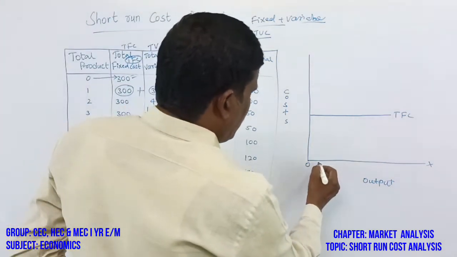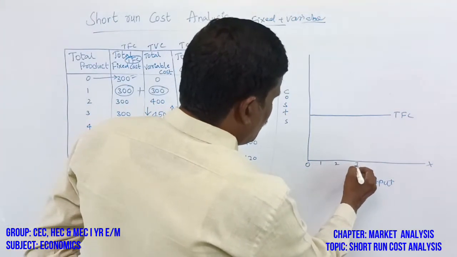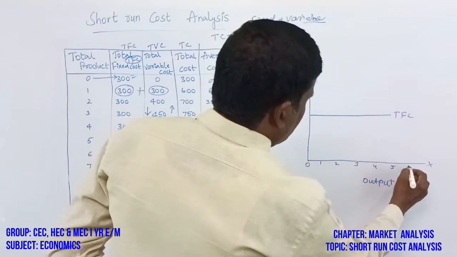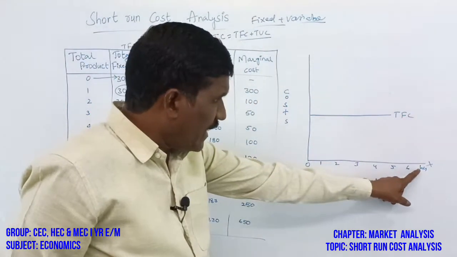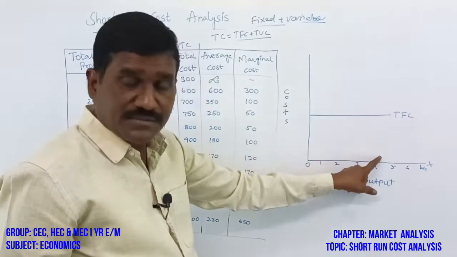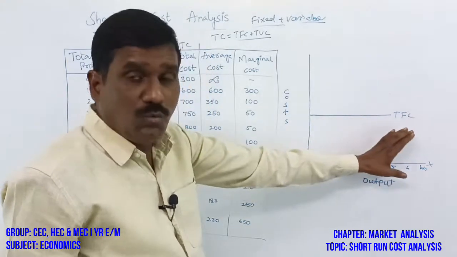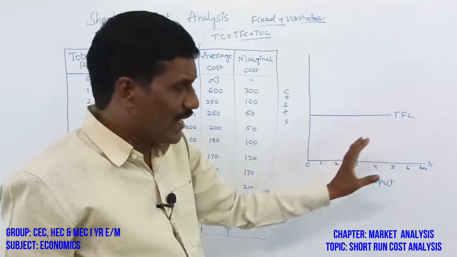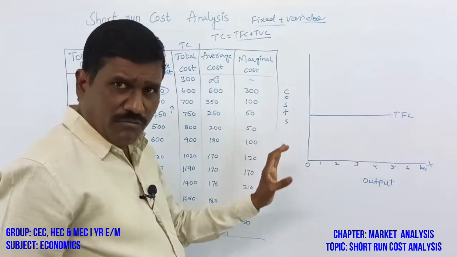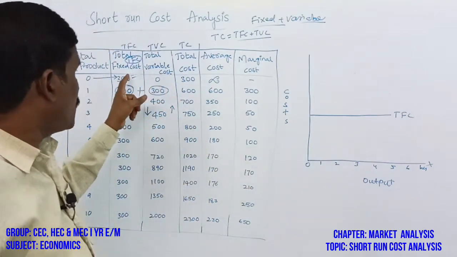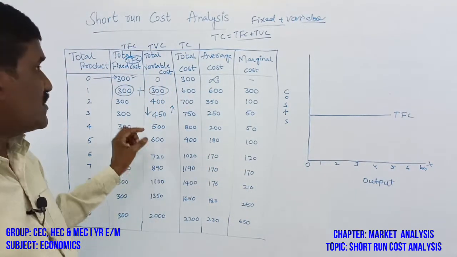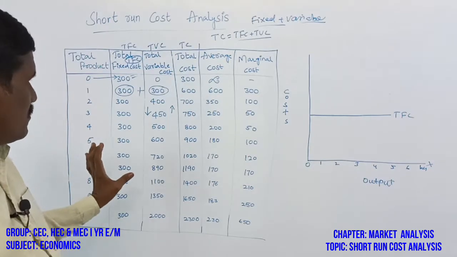Suppose here 1, 2, 3, 4, 5, 6 or 1 lakh. If you produce 1 lakh, the total fixed cost is still constant, which means it is a horizontal line, parallel to the x-axis. Why? However much you want to produce, there is no change in total fixed cost. So this is the total fixed cost, one thing.